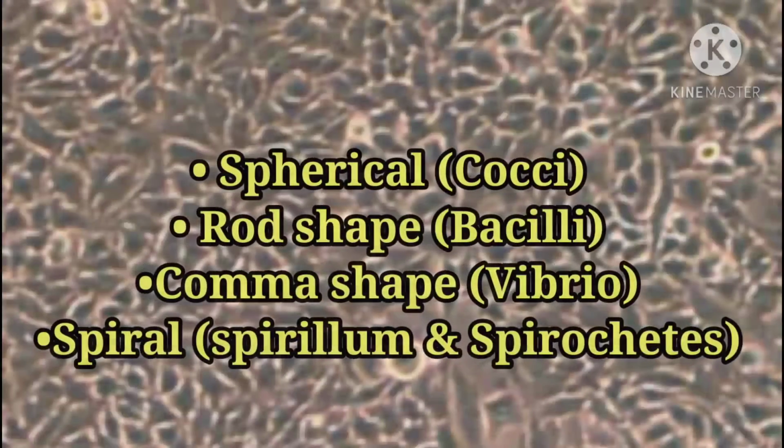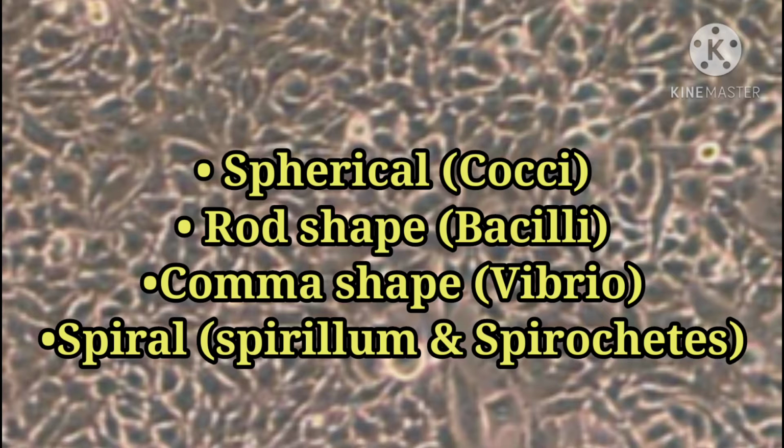So we have heard about cell morphology. Bacteria have characteristic shapes. The common microscopic morphologies are spherical or ovoid cocci, the rod shape for bacilli, the comma shape for vibrio, and spiral for spirillum and spirochetes.